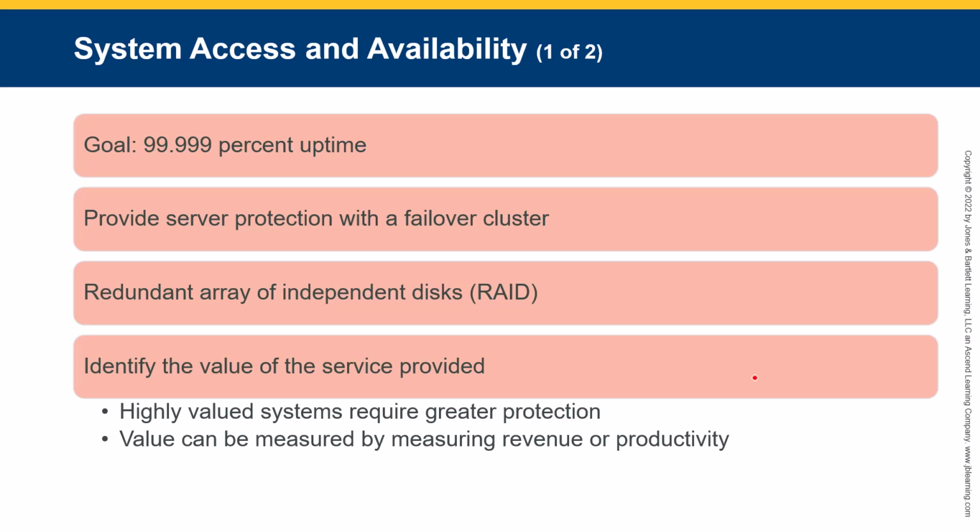Ideally, when we're looking at core systems, core features, we want things to be up 99.999. Now that's ideally. In reality, we normally are willing to tolerate 99.9, 99.5.